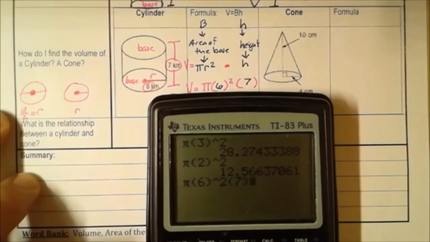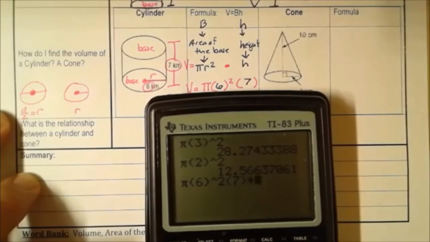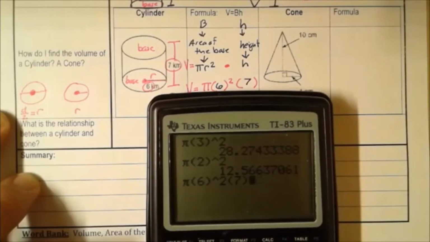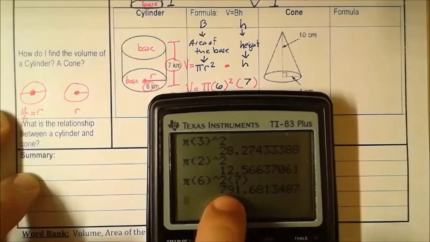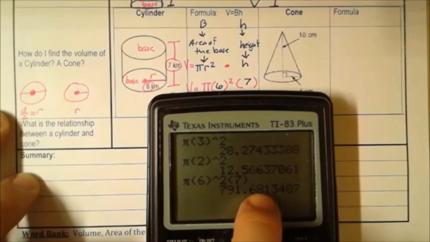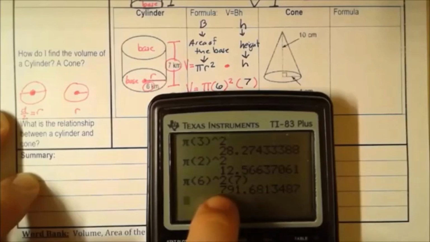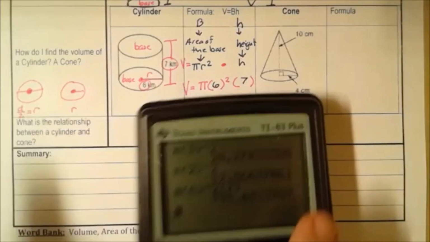The parentheses just tells the calculator to multiply. I'm going to hit enter. Notice it gives me 791.68. We are going to round to the tenths place. Because 8 is greater than 4, we're going to round that 6 up to 7. So 791.7.